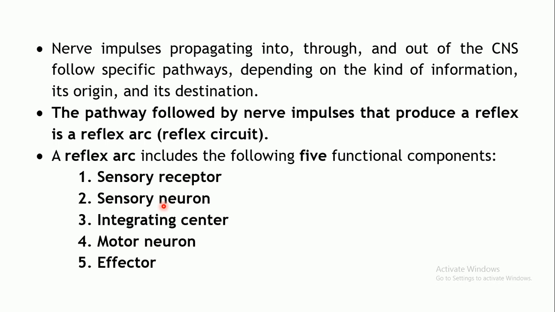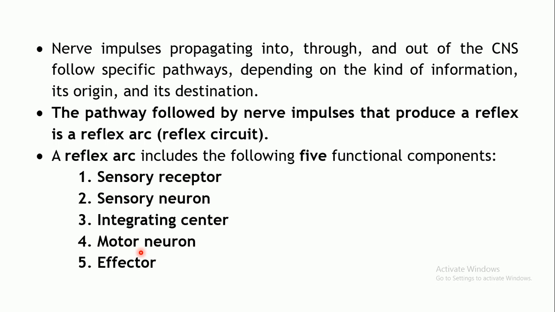Third step will be the integration. This is what we have seen in the earlier lecture. Third step will be the processing of that information. And if required, some output will be given that will be carried through the motor neurons. And then the effector organ where the motor neuron is supplying will give some output. It will produce some change as per the requirement.